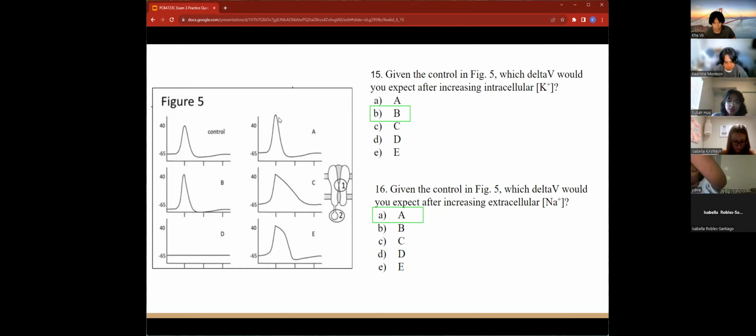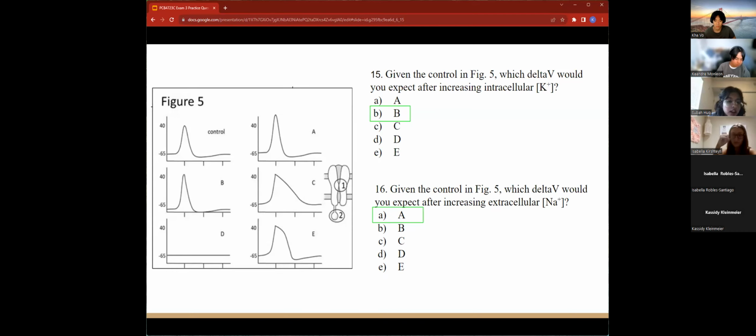And so this is where sodium is flowing into the cell. So if there's a lot more sodium outside the cell, then a lot more sodium is going to flow in. And this is what causes the membrane potential at the peak to be even more positive, or higher than 40 millivolts. So that is kind of how you would answer 15 and 16.